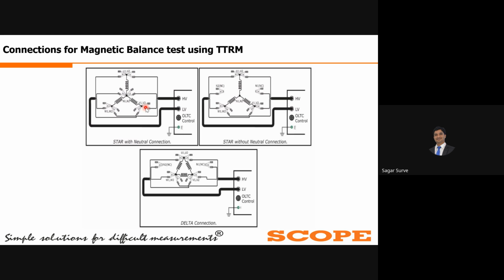If you apply voltage to the R phase, then the Y phase and B phase will have some voltage generated, and that voltage will be measured by the instrument itself, by the other windings or other wires of our instrument connected. Similarly, we have pictures for star connected without neutral or delta type of winding also.